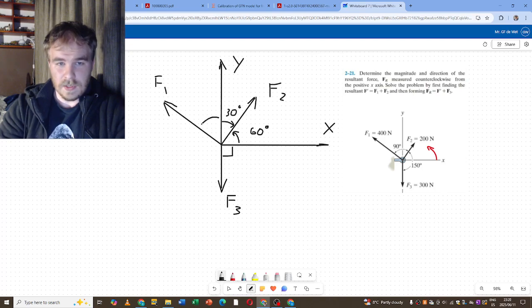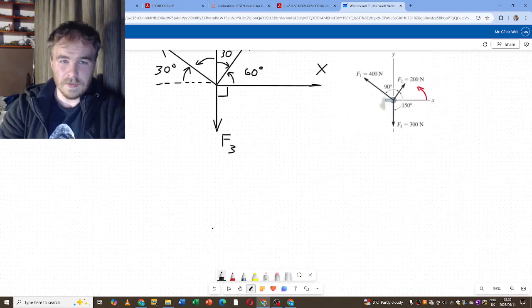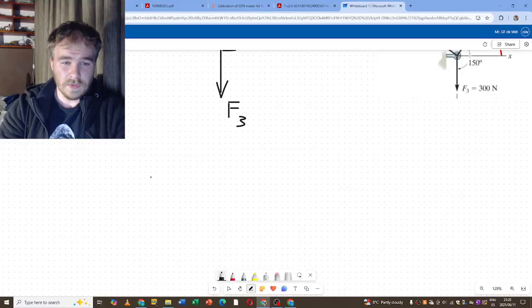Then this guy is 60 as well. And if we really want to be specific, we can make a dotted line, but also specify it over here. So this is then 60 degrees and this is 30 degrees. Great. Now we can go and write out the vector forms for each of these guys.